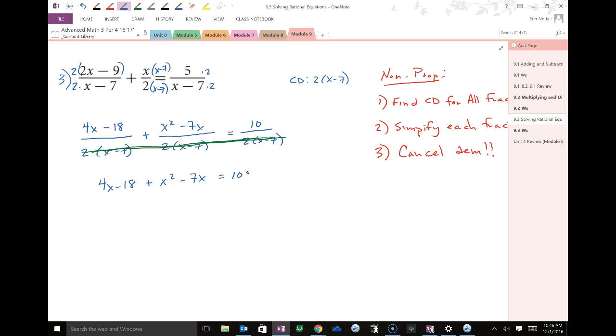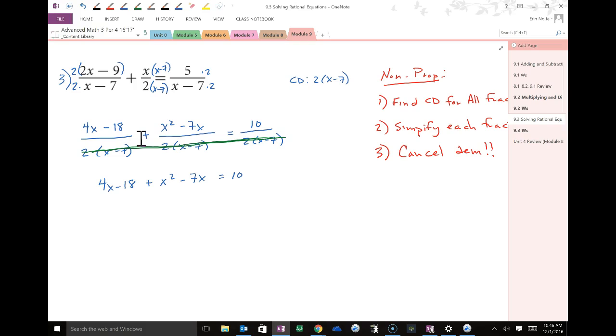So this sign was a minus. What you want to do is make sure to distribute this minus to both terms following. So if this was a minus, it would be minus x squared plus 7x. Be really careful. A lot of people made that mistake on the assignment today.